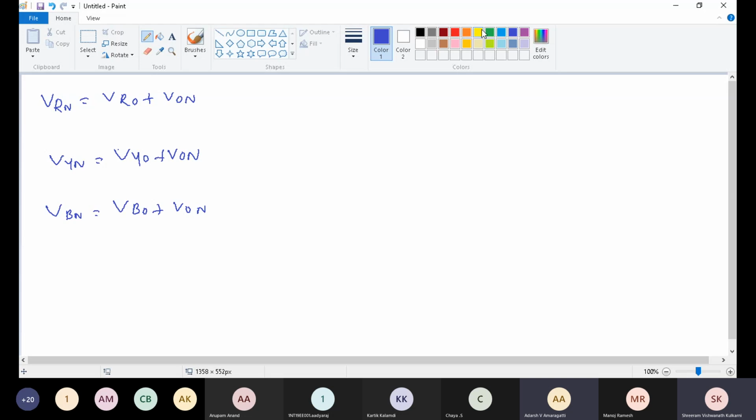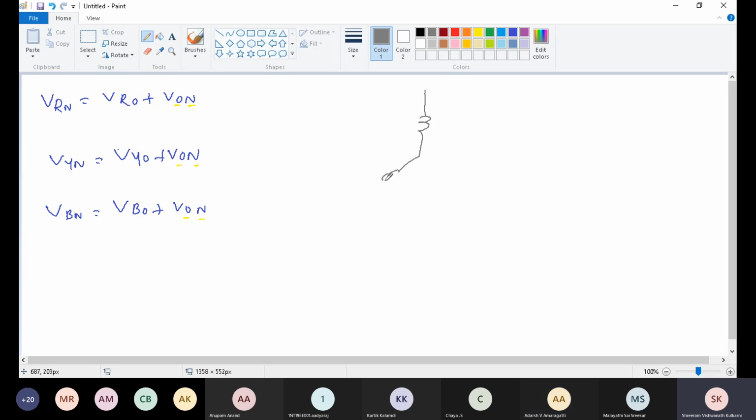What is O here? What is N here? N is the load neutral point. O is the neutral of the supply point. How can I define this?